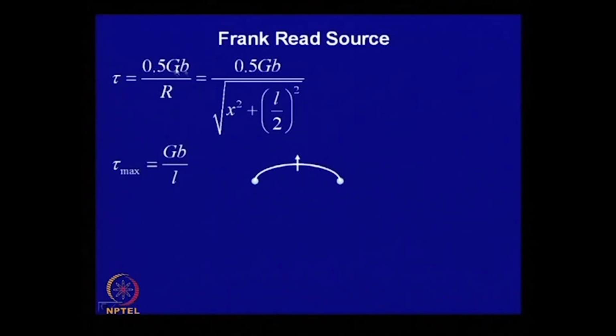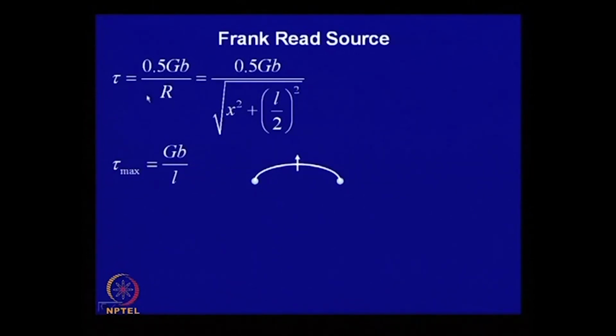The center of curvature of this curved dislocation lies somewhere here, and the distance of this center from this line is x. If it is so, then this r will be the square root of x squared plus half L squared.